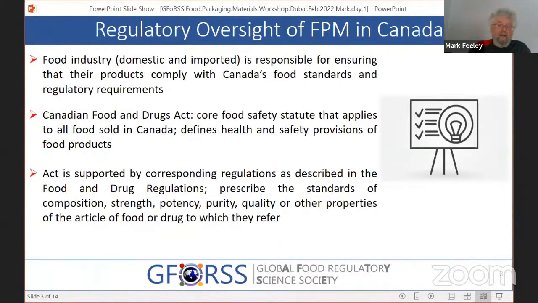In the Food and Drug Regulations, it will specify specific issues related to food packaging use and how they may be applied to determine the health and safety of the product in question.